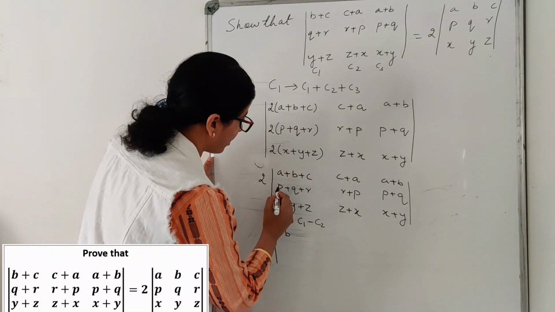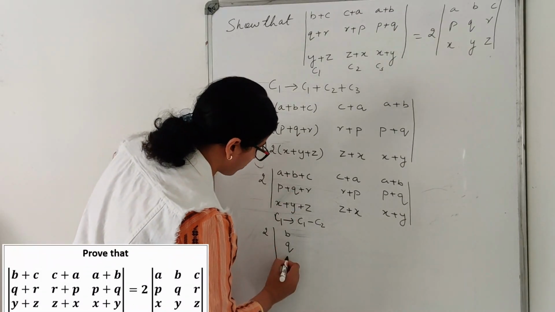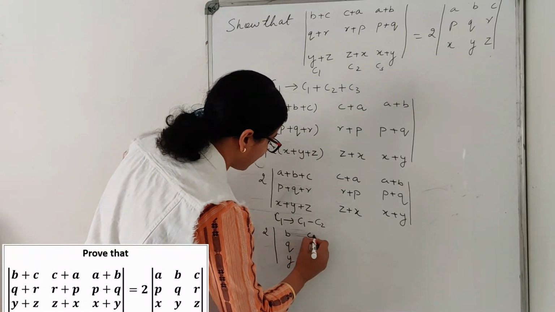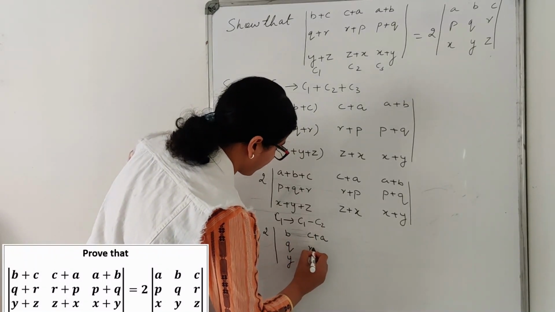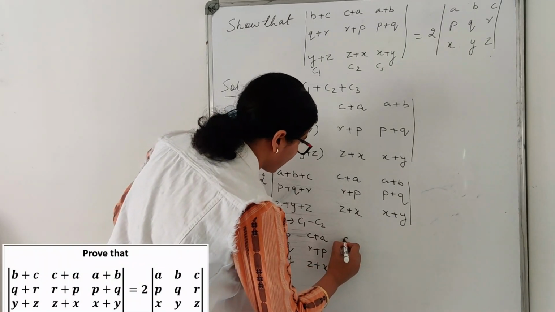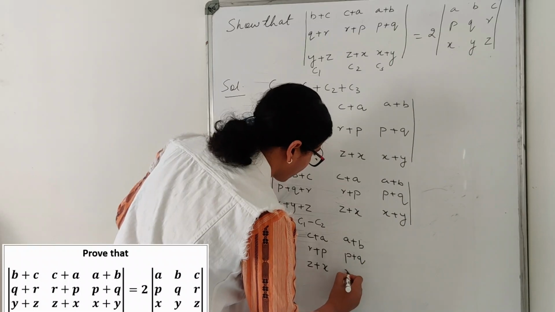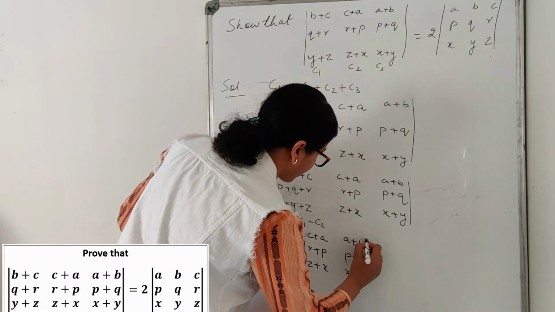Here r and p gone, so q. Here z and x are gone, so y, right? c plus a, r plus p, z plus x, a plus b, p plus q, x plus y.